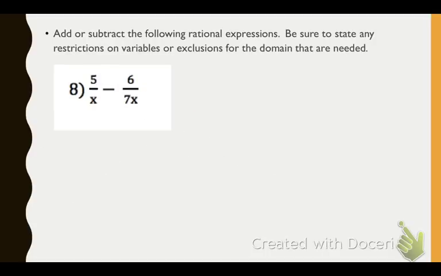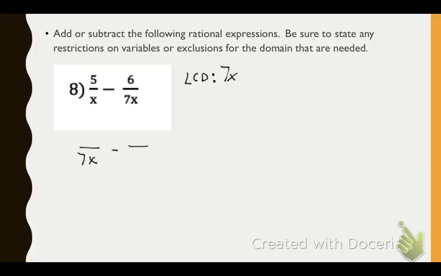Our last problem in this section is number 8, and we're asked to subtract. So our denominators are different, so let's build a common denominator. In our first rational, we need just an x, but in our second one, we need a 7x. So that will be our common denominator, 7x.